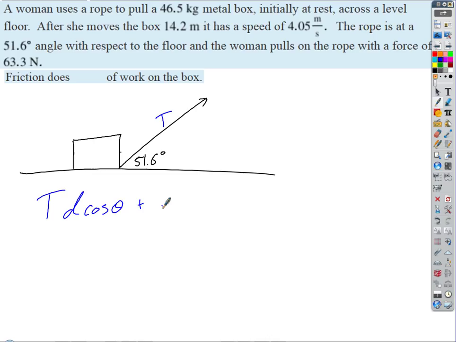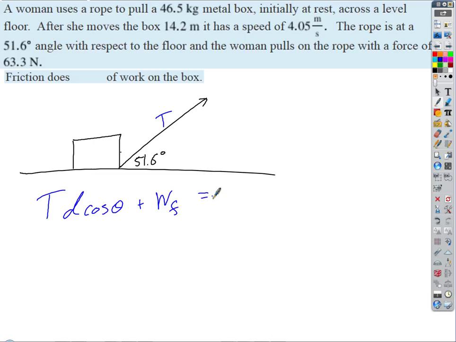Well, work due to friction is just going to be what? That's what we're looking for, isn't it? So call that work due to friction, that's the unknown. And that's equal to what? That's the net work, but what's the net work equal to by the work energy theorem?